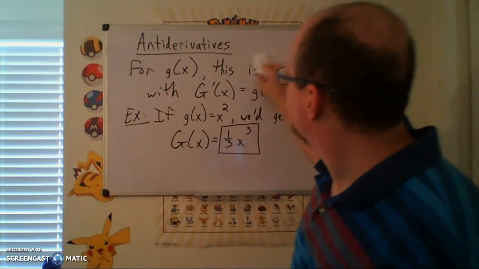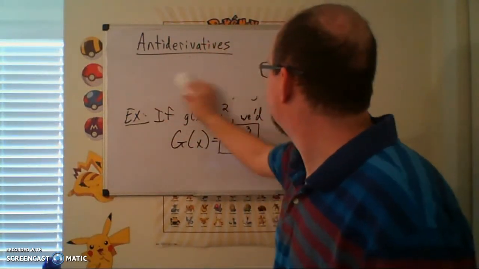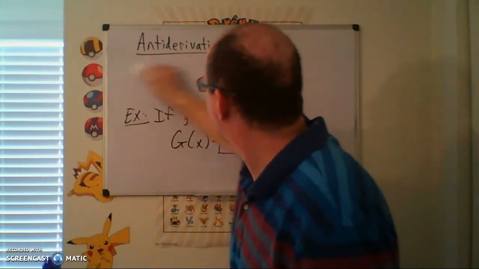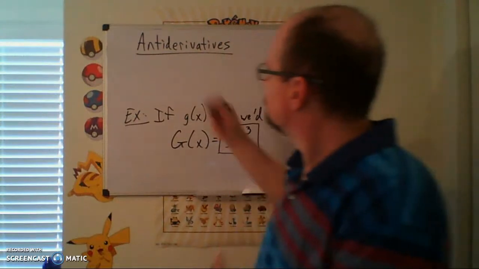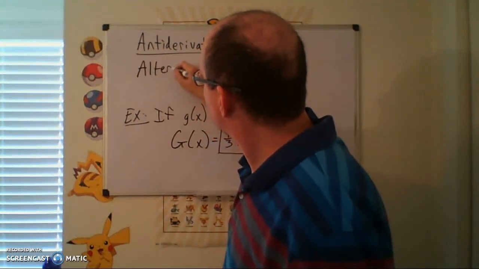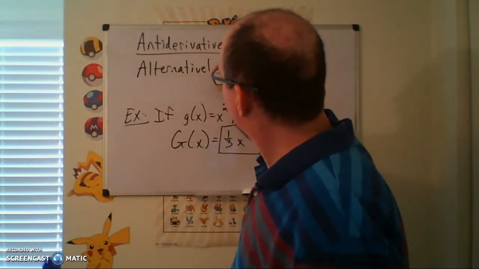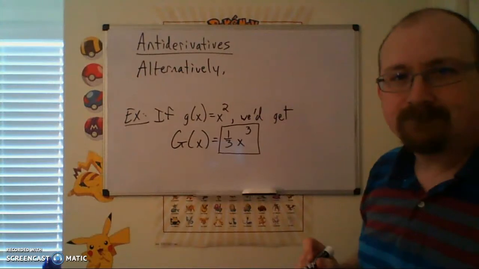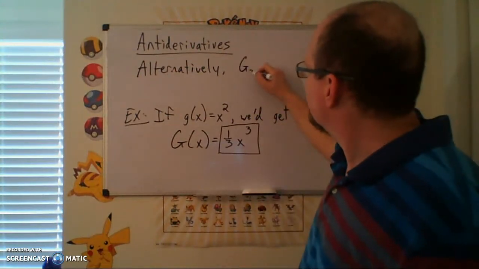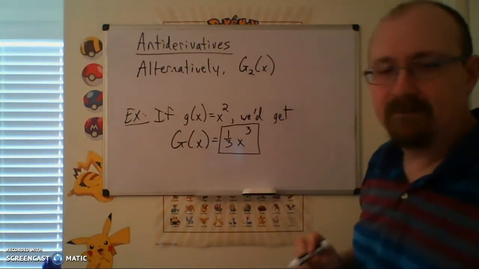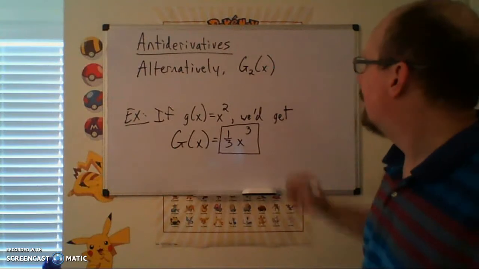Let me come up with some space. On the other hand, I'll call it G2 of x. If you wanted to label it some other thing, you could.